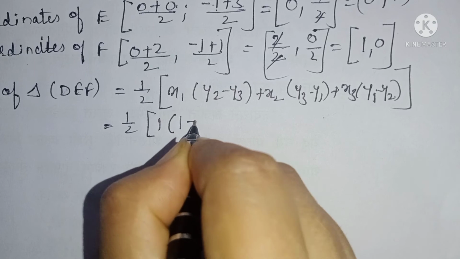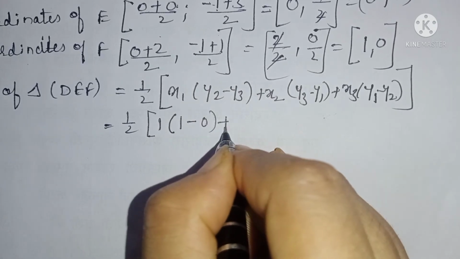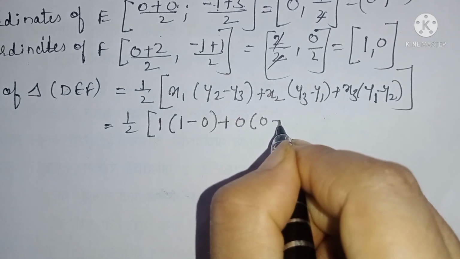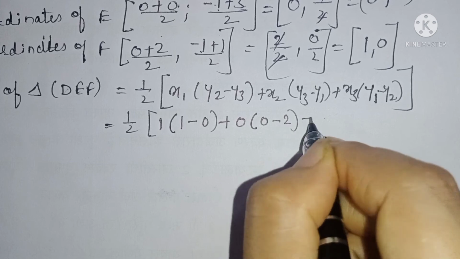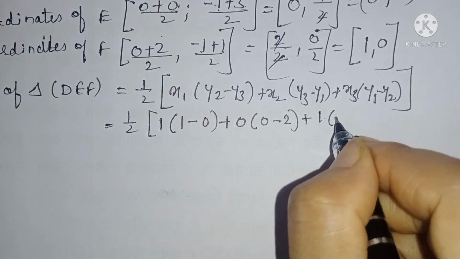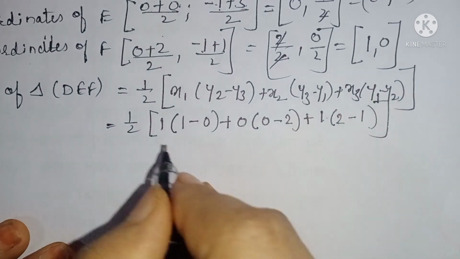Okay, so the values are here. Half in bracket, your x1 is 1, in bracket y2 is also 1, minus y3 is 0, plus x2 is 0, in bracket y3 is also 0, minus y1 is 2, plus x3 is 1, in bracket y1 is 2, minus y2 is 1. Okay, now let's simplify.